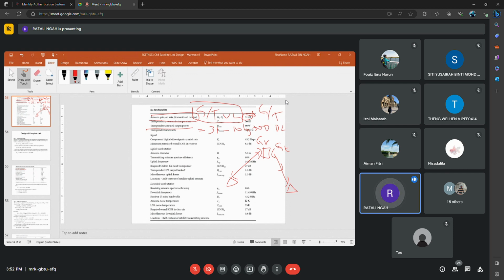How about downlink G over T? For downlink G over T, you have to refer to the downlink earth station GR. Here, because you are given efficiency, you have to calculate. The diameter, the efficiency and the frequency are given.